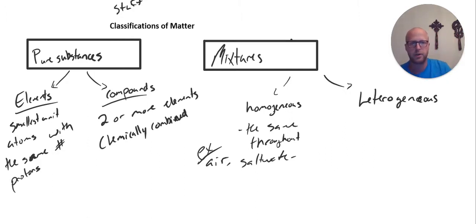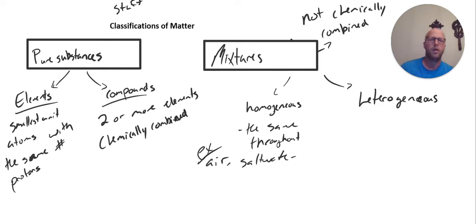And really, what mixtures are is a combination of two or more pure substances that are not chemically bound. So these are not chemically combined. And a heterogeneous mixture would then be different throughout, or not the same throughout.